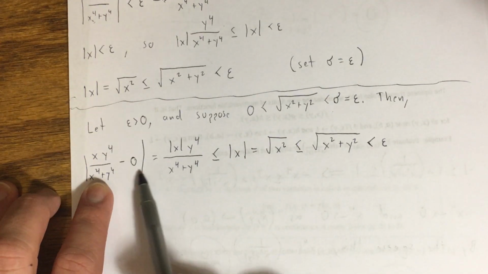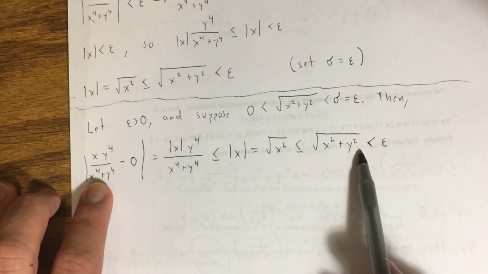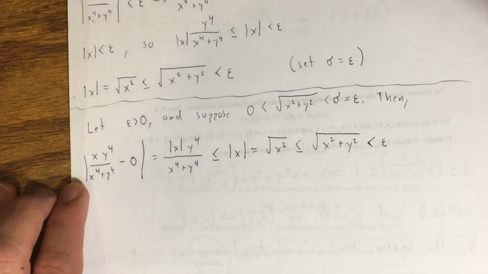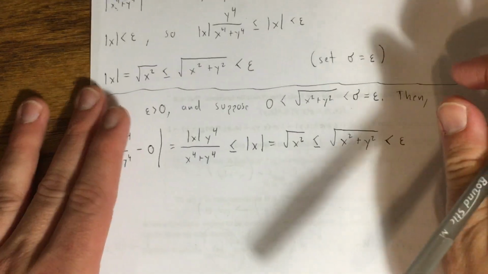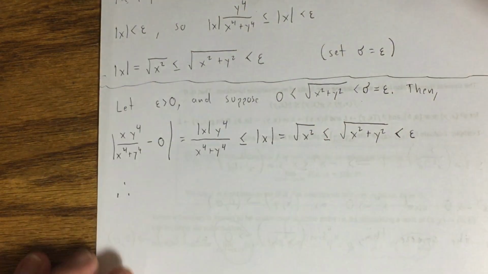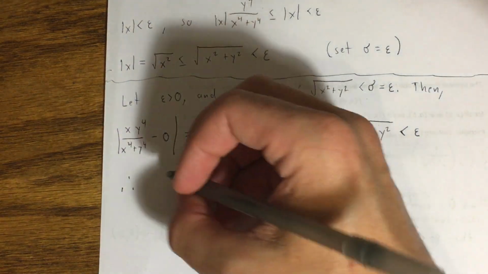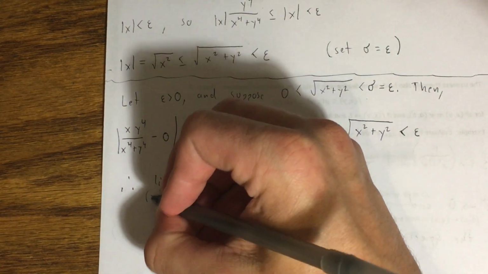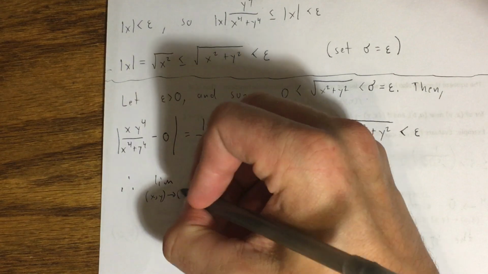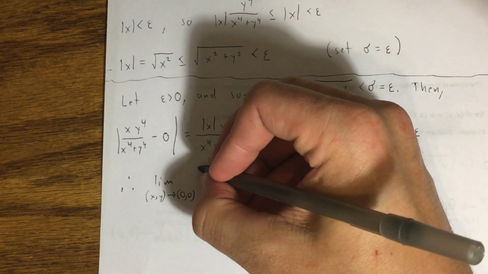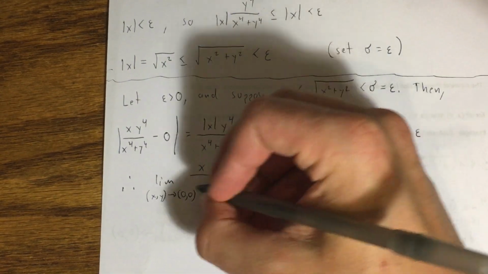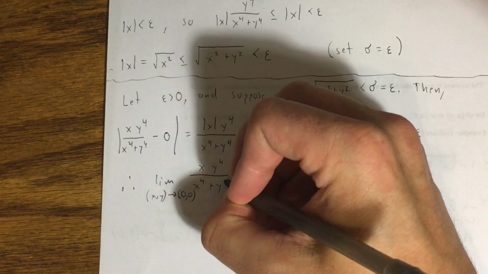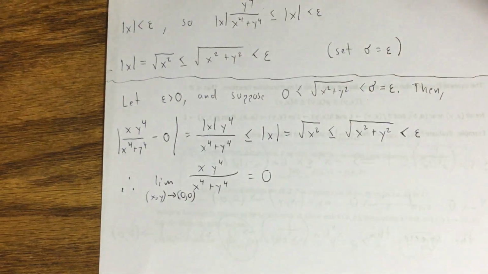That's what we have right here. Through this chain of inequalities, we eventually get that this thing is less than epsilon. So therefore, the limit as (x, y) approaches (0, 0) of x y to the fourth over x to the fourth plus y to the fourth is equal to 0.